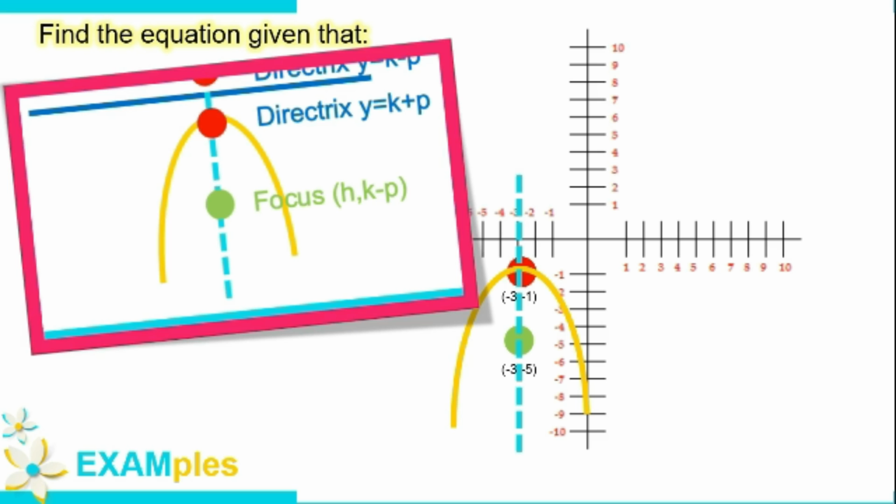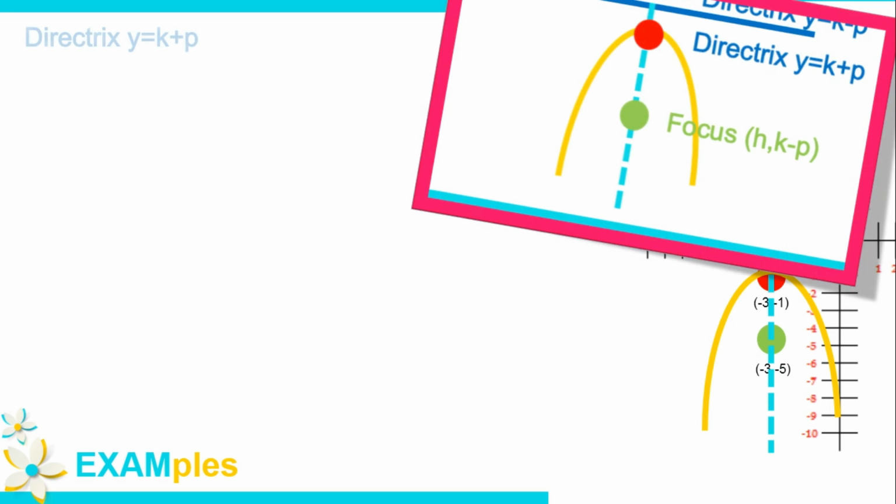So first, what we need to do is to find the directrix. If the parabola looks like this, its directrix is opposite, along the x-axis direction, so the formula we use is y. So y is equal to k plus p. To find p, the difference, we first need the focus.